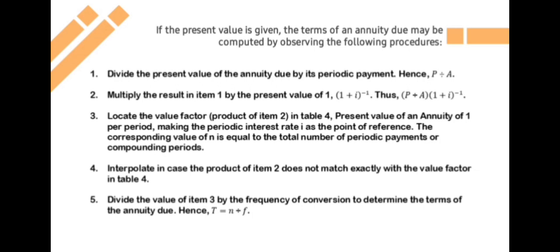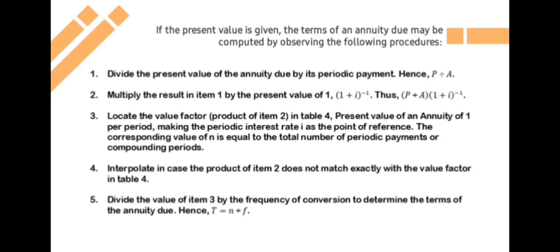So in case we cannot exactly locate the value we got in item 2, we will use interpolation, which is getting a value between two given values. The last procedure is to divide the value of item 3 by the frequency of conversion to determine the terms of the annuity due. Hence, T is equal to N divided by F.